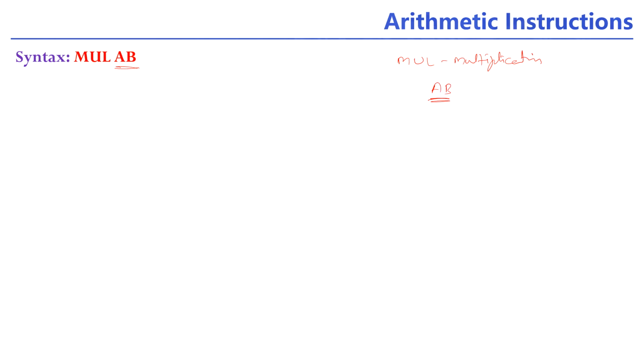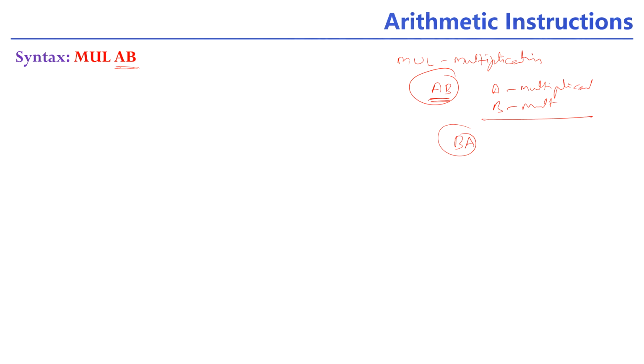So that's why there is no comma. And one more important thing: before execution of the multiplication instruction, A should have the multiplicand and B should have the multiplier. And once you multiply these two, the product is available in B and A registers.